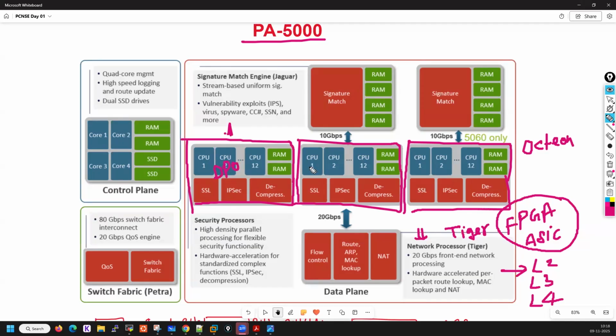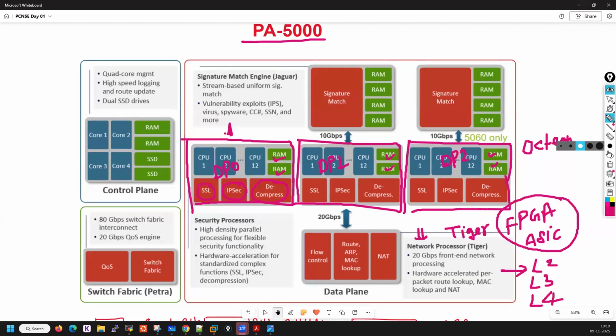This is data plane 0, DP CPU 0, this is data plane CPU 1, and this is data plane CPU 2. All these CPUs have a dedicated RAM, dedicated CPU cores, and they have a dedicated SSL chip for SSL functionality, IPsec chip for IPsec functionality, and decompression chip for decompression related functionalities. Now here we are having three data plane CPUs, three Octeon chips at the security processor level.